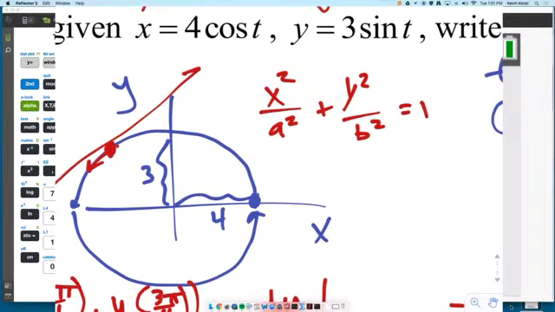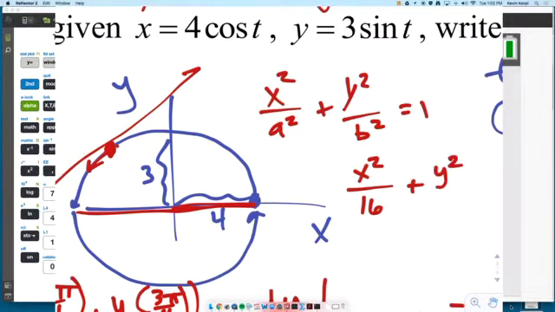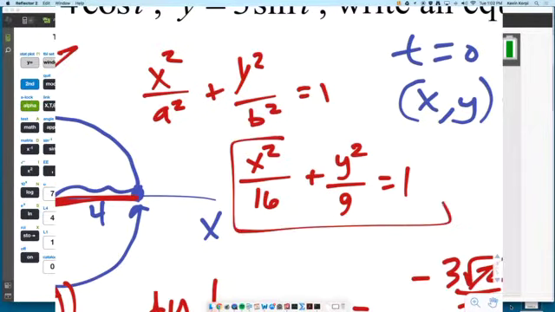So with that in mind, if you know that the x radius is 4 and the y radius is 3, we can actually write the rectangular equation for that ellipse. It would be x squared over what? The x radius is what we're calling a, and it's 4, because from the center we go left and right 4, so that would be 16, plus y squared over 9. Yeah. This is the equation in standard form for an ellipse centered at the origin.